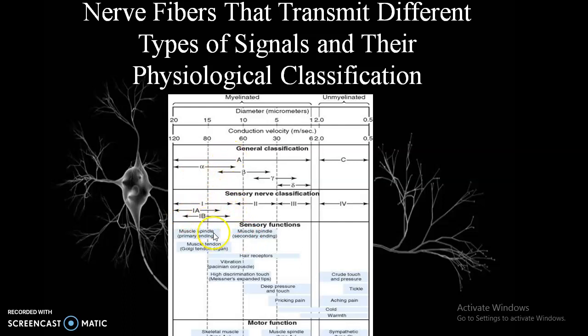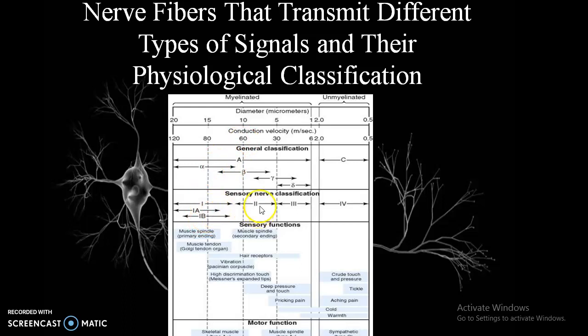Group 1A fibers are from the annulospiral endings of the muscle spindles, and these are A alpha type fibers. Group 1B fibers are from the Golgi tendon organs, and these are also A alpha type fibers.